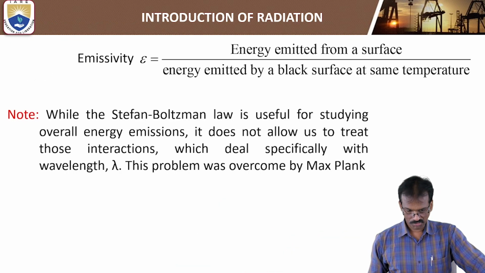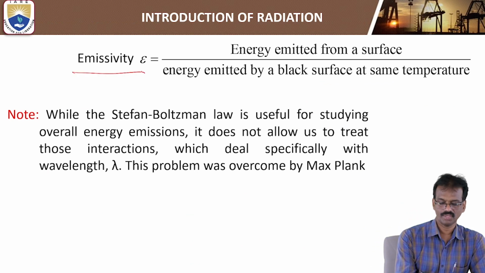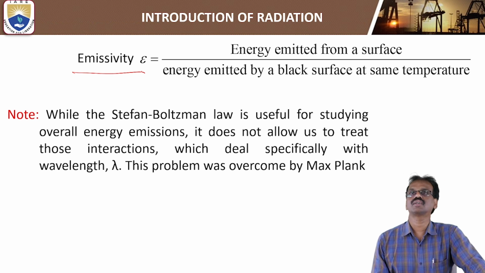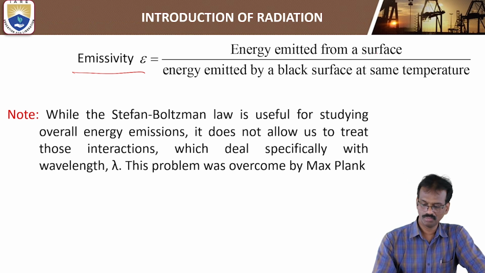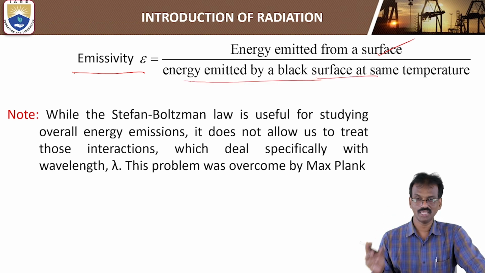Now we'll see emissivity. So what is emissivity? It is the ability of emission. Emissivity is the energy emitted by a surface relative to the energy emitted by a black body, because the black body is the perfect emitter.